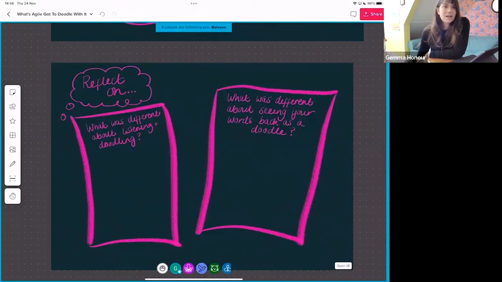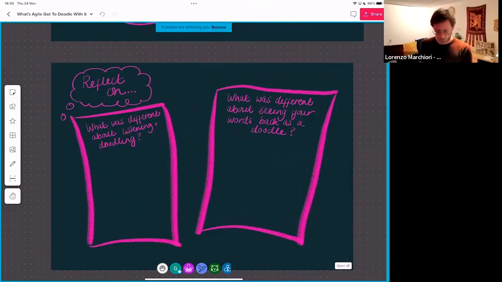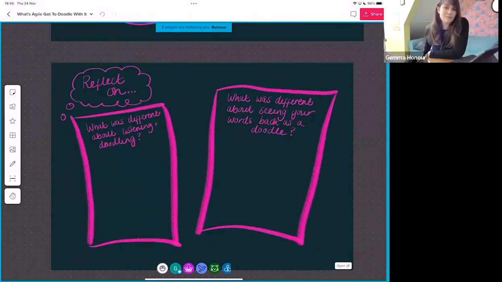And it was only when I started my sketchnoting practice and I went back to it and I listened and drew what I understood, the act of turning it into a visual actually helped me to understand what was being said in a much clearer way. I don't know if any of you had any similar experience around that.